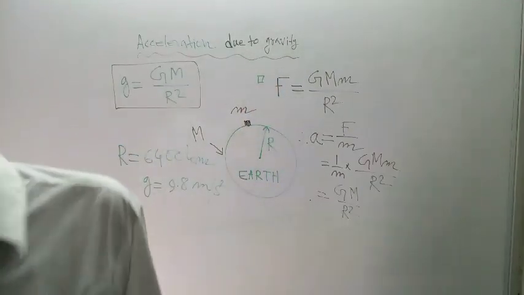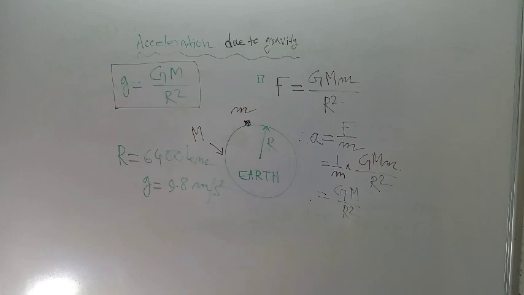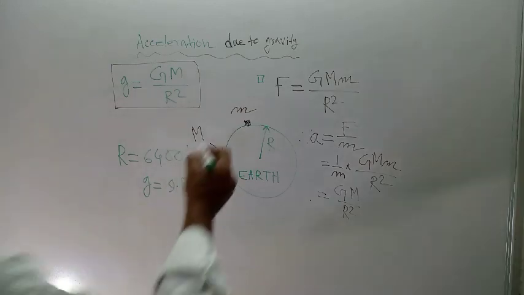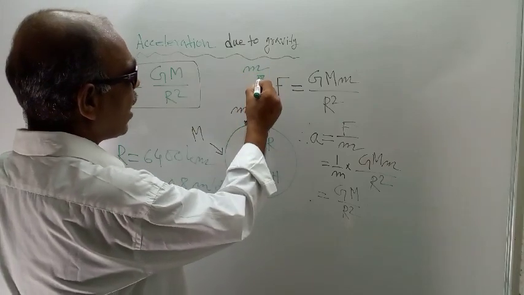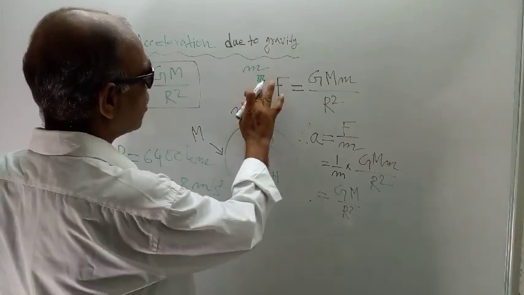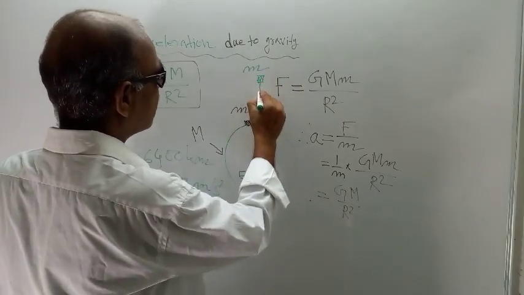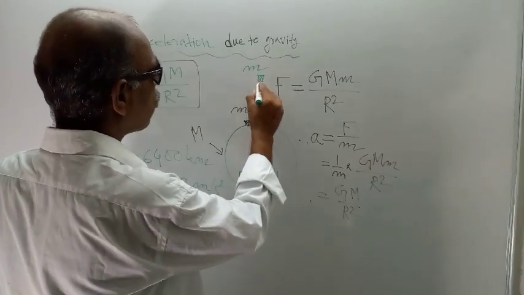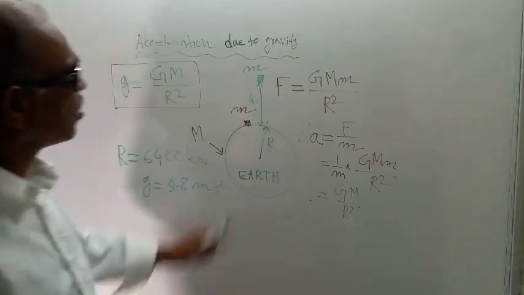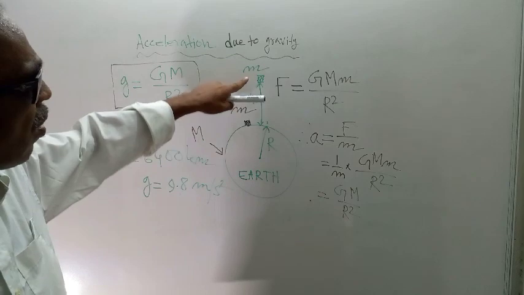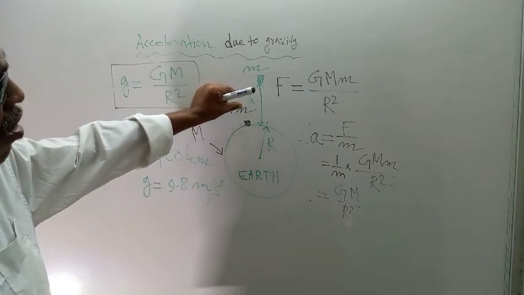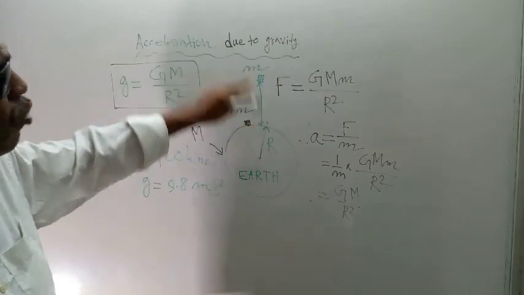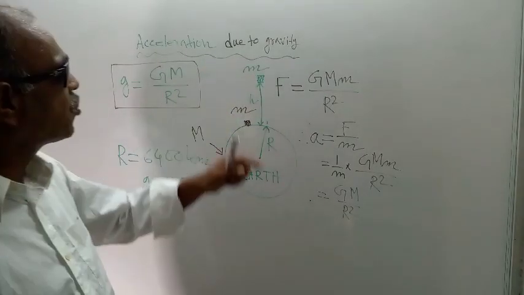Suppose this small object is kept somewhere here, mass is m, and this height from the surface of the Earth is h, small h. H is the distance of this object from the surface of the Earth. Then what will be g?